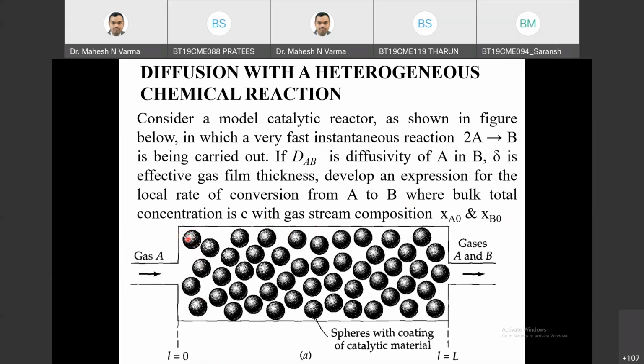If we know the flux around this catalyst particle, then I am interested in the conversion of A to B from here to here. So for a smaller delta L, I will assume there is no change in concentration, and integrate.